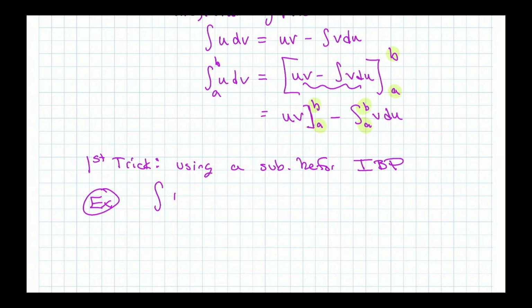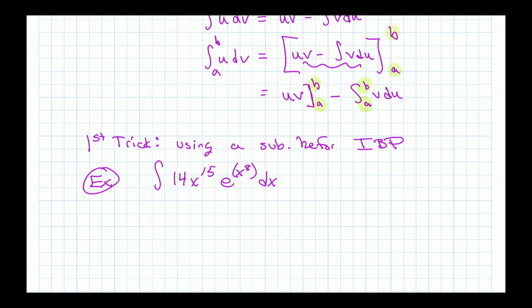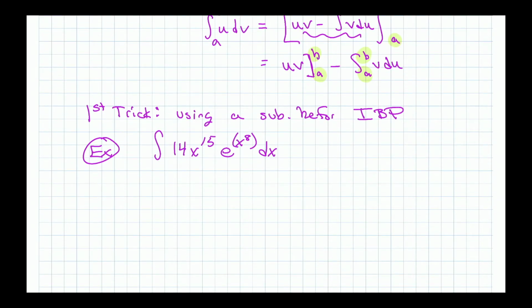It is exactly what it says, but this will show you a good time to do it. Now, if you tried to do this just with regular integration by parts, you will not succeed. Okay, you won't. So we do need some kind of trick.